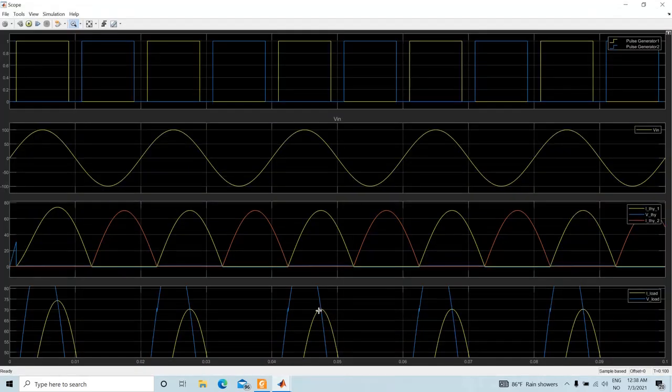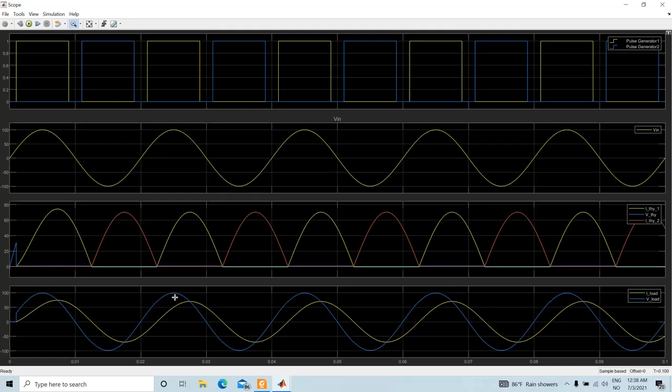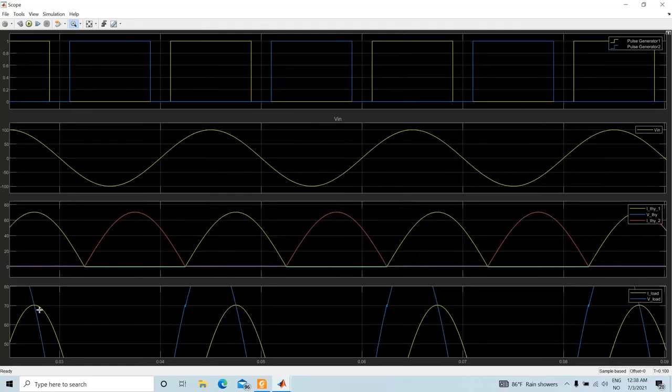Looking here, the output current is 70 amp. Neglect the first one because it is the transient part. In the steady state, our output current is exactly 70 amp.